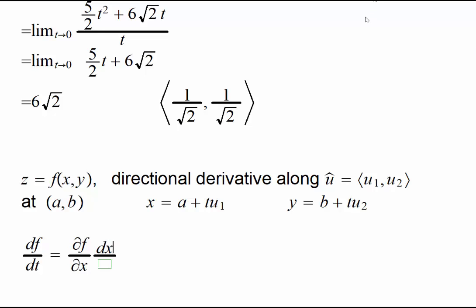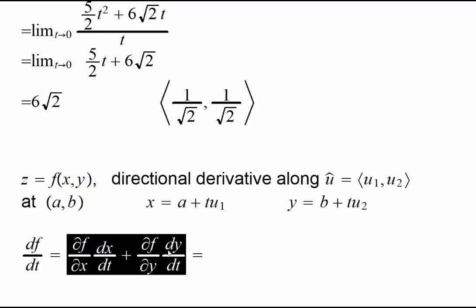And who are dx dt and dy dt? dx dt is u1 and dy dt is u2, so you get simply this: u1 times the derivative with respect to x, and u2 times the derivative with respect to y.